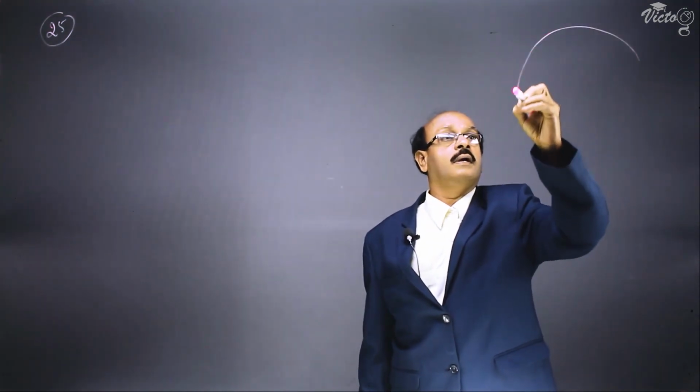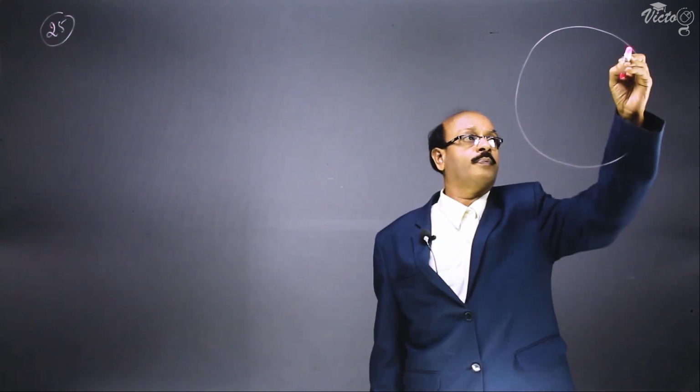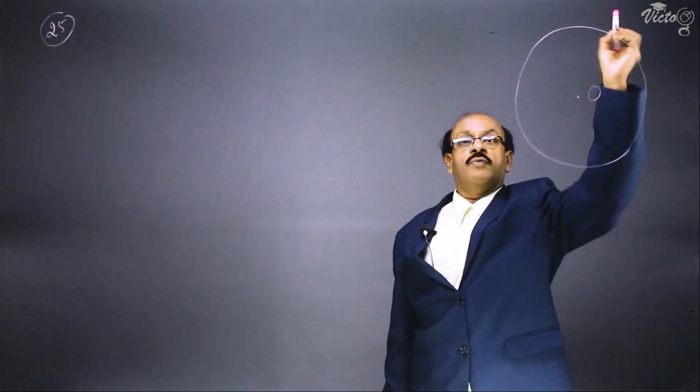Let there be a circle with a center O. Here is a circle with a center O. We are drawing two tangents PA and PB.